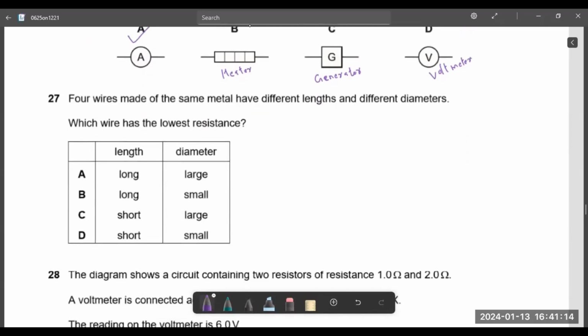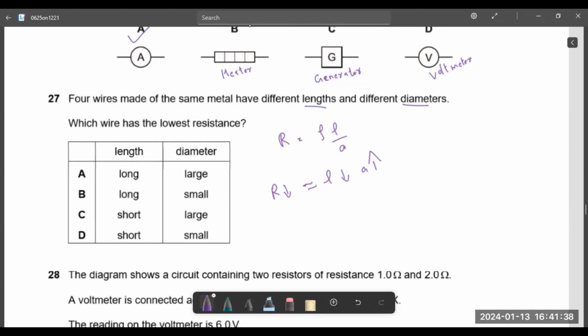Four wires made of the same metal have different lengths and different diameters. Which wire has the lower resistance? Resistance is equal to rho L by A. So lower resistance means length should be less and area should be more.